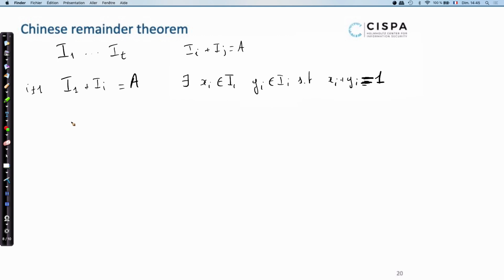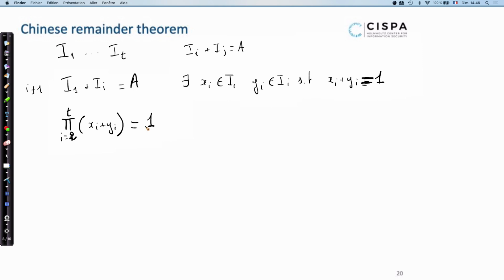So now let's consider the product of the xi plus yi from i equal 2 to t. So this is of course 1 on one side.